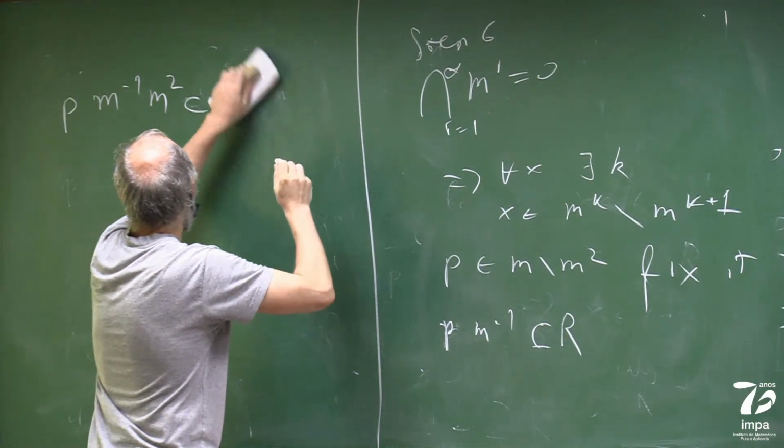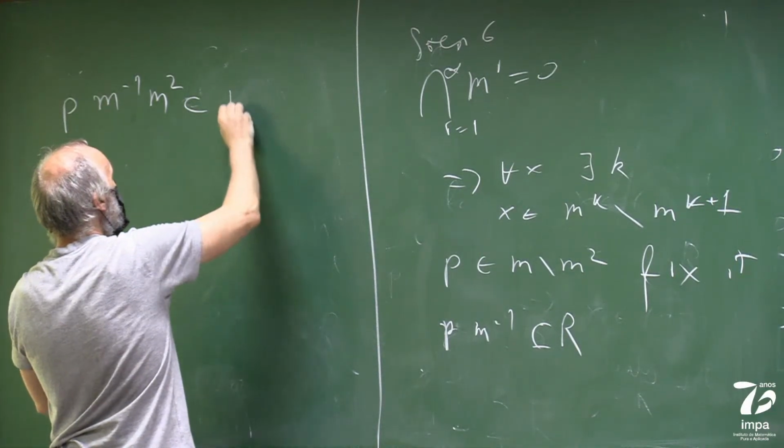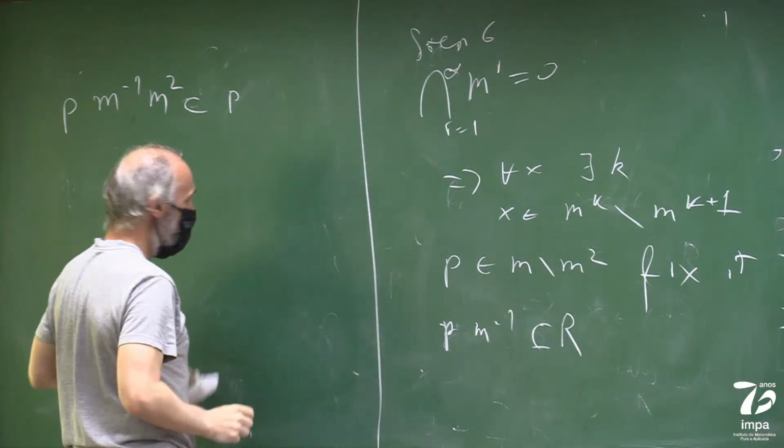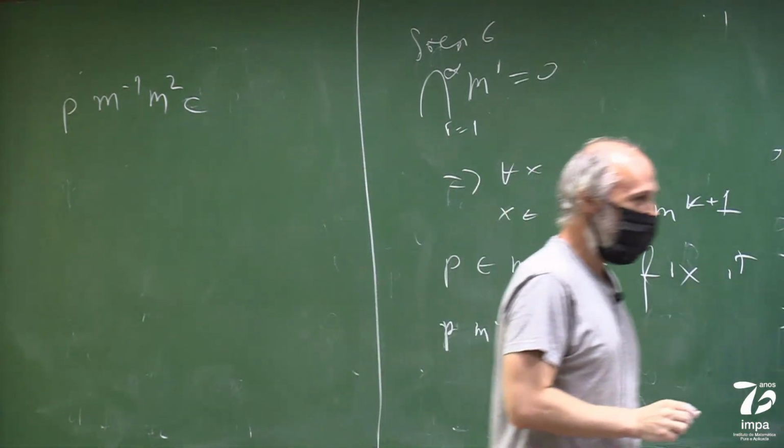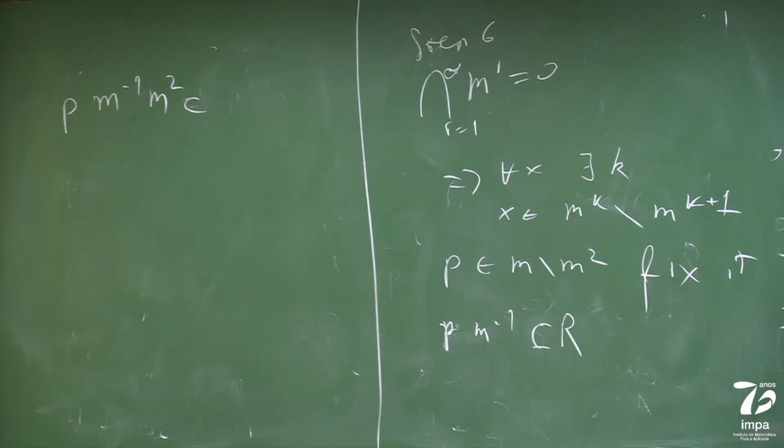Well, it's contained in p. Okay, so we have p doesn't belong to m squared, and m^(-1) m^(-1) m squared is equal to m.